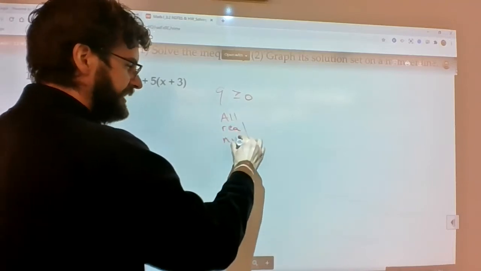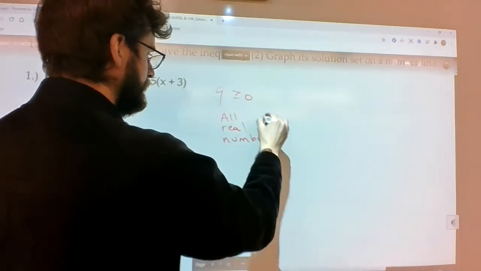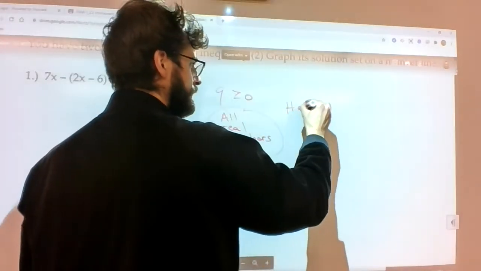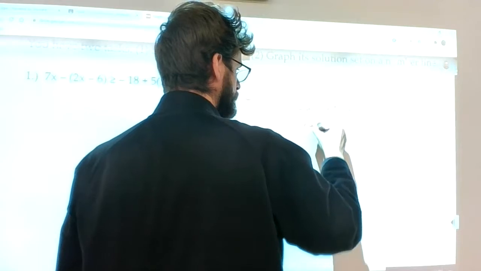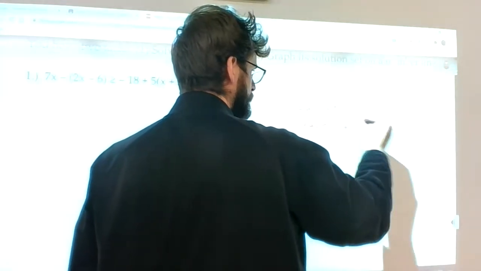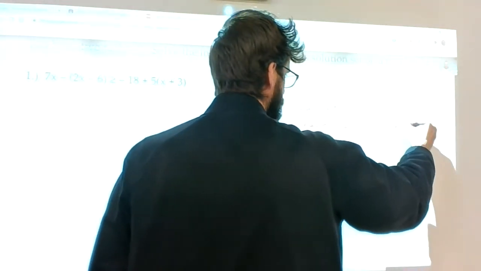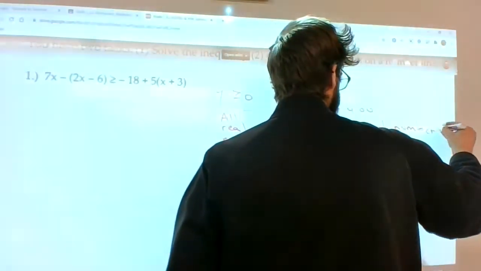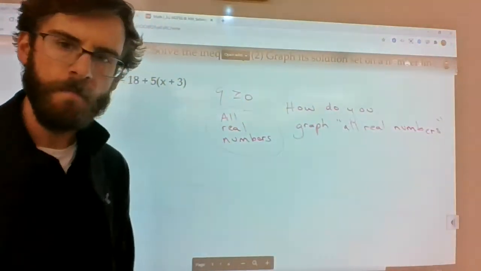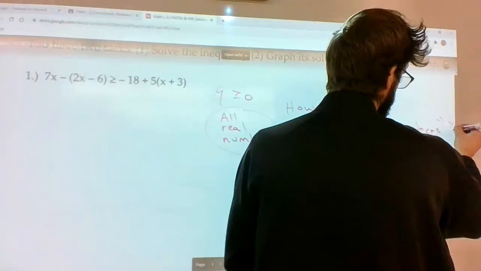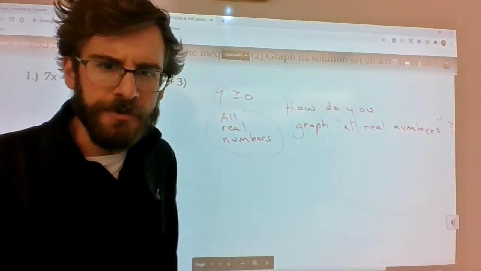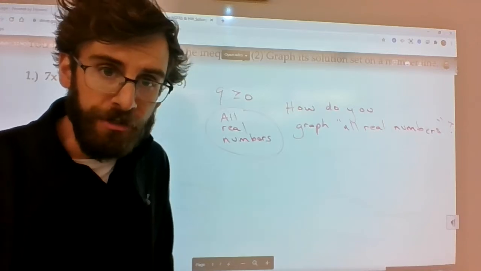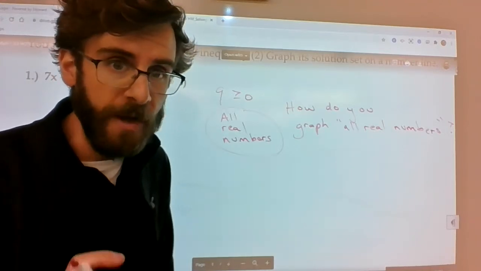How do you graph this? Well, what are all real numbers? All real numbers are all the points on the number line.